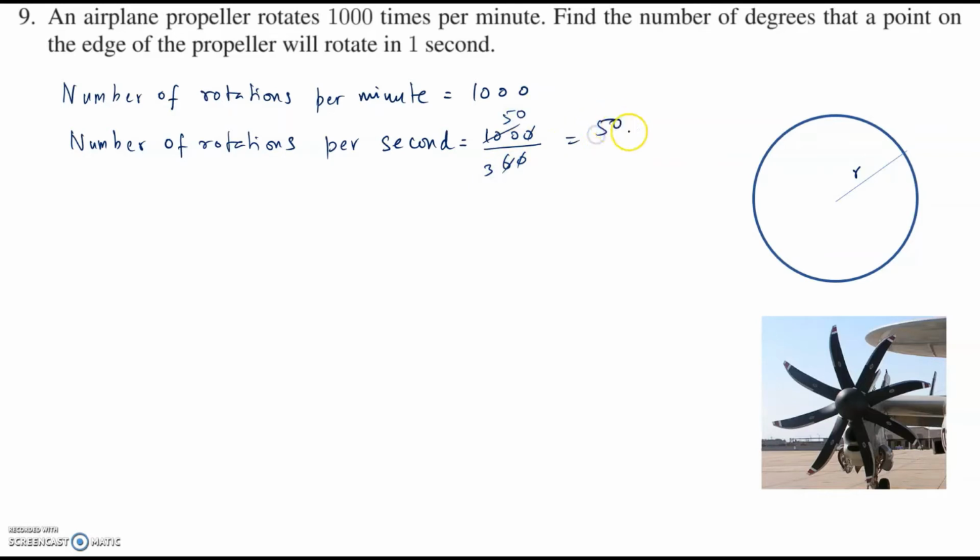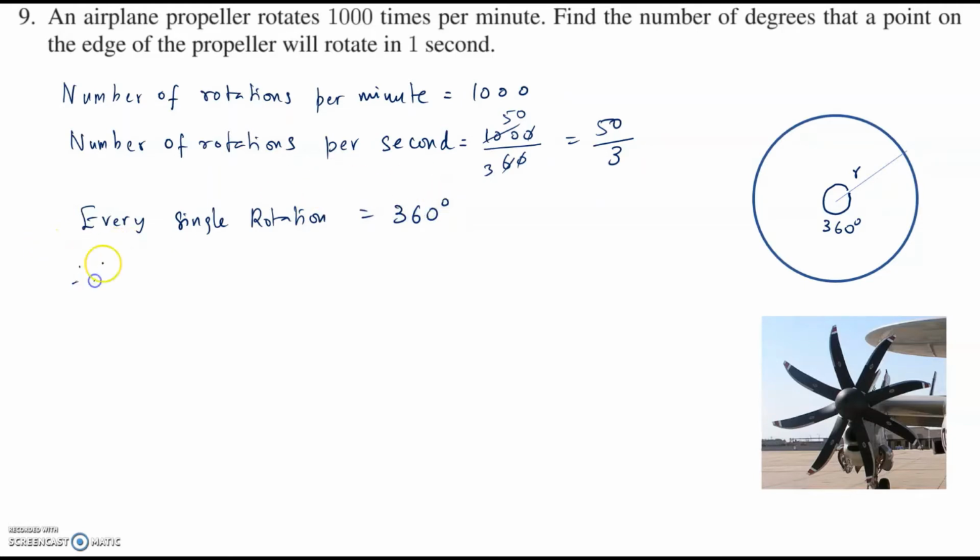So this is 50 by 3. Now every rotation will have 360 degrees, because we know that a full rotation is 360 degrees. So let's say every single rotation is equal to 360 degrees.